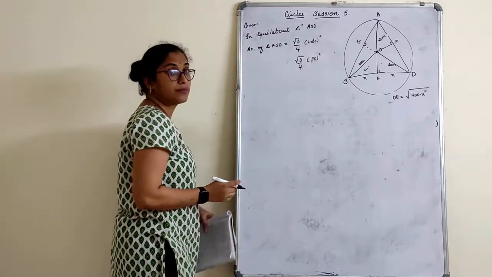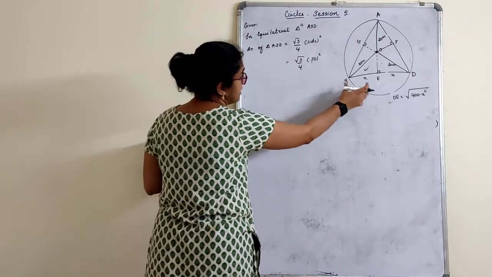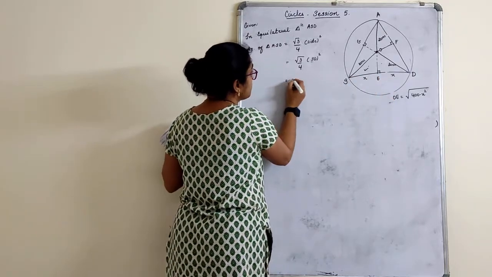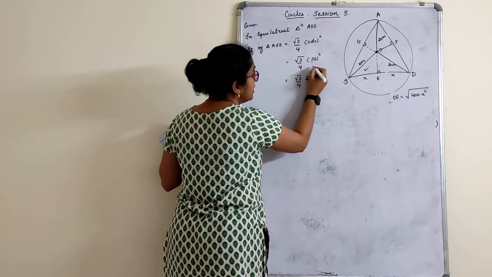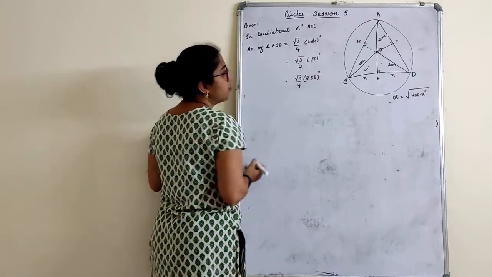SD square. Okay. Now SD square whole, or I can also take this as 2 times of this. Root 3 by 4 is equal to SD, which is nothing but 2 times of SE, whole square.